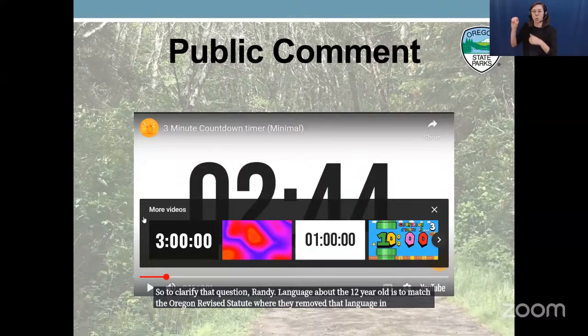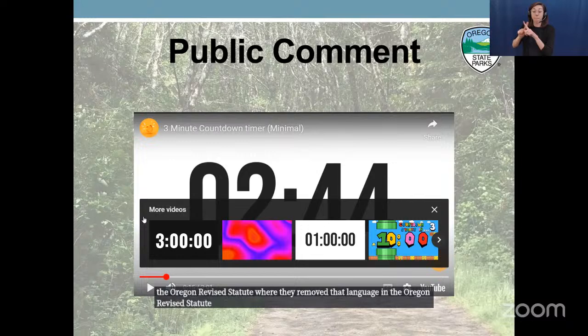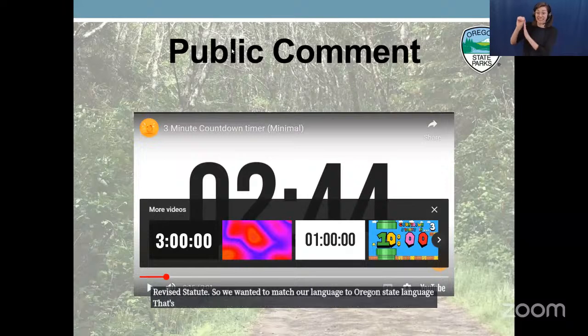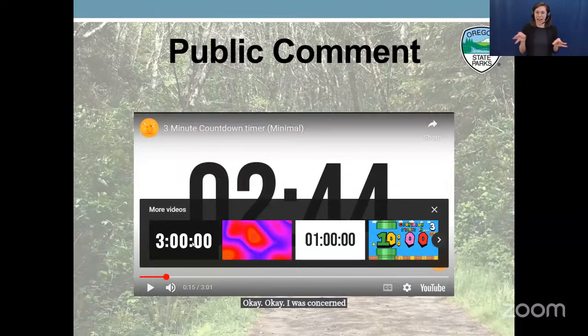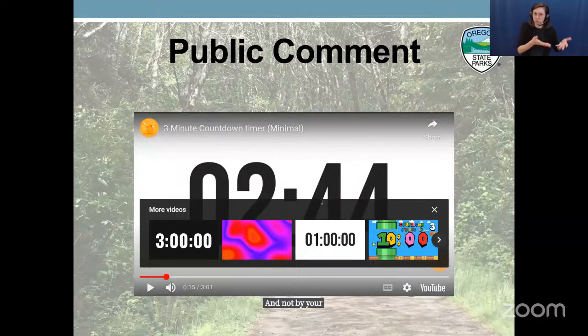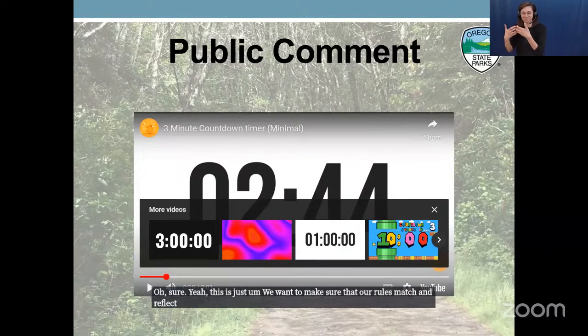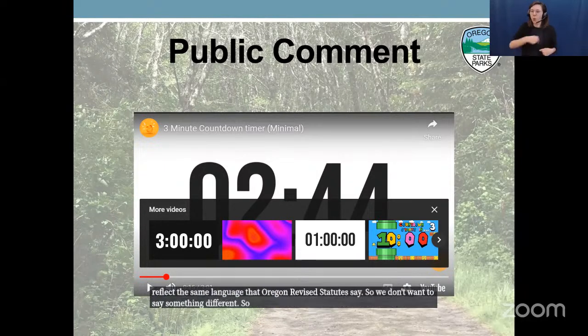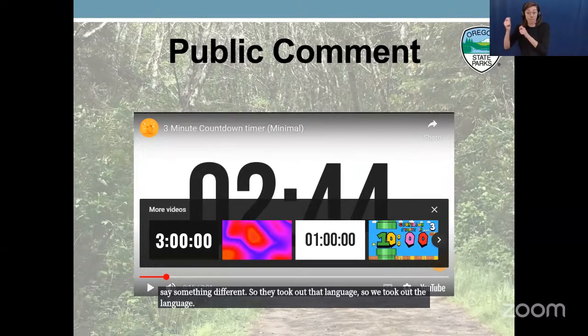So we wanted to match our language to Oregon state language. That's all it is. Okay. I was concerned about parental decision-making being taken away. And that's the thing that caught my attention. And not by your group, but by outside interests. That's always a concern. Sure. This is just we want to make sure that our rules match and reflect the same language that Oregon Revised Statutes say. So we don't want to say something different. They took out that language, so we took out the language. Okay. Thank you.